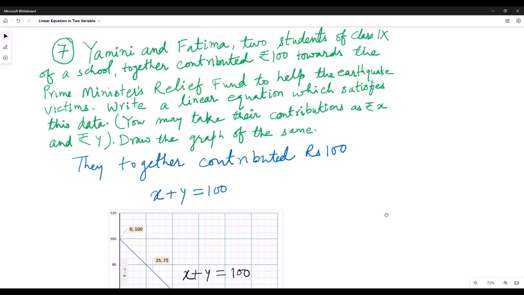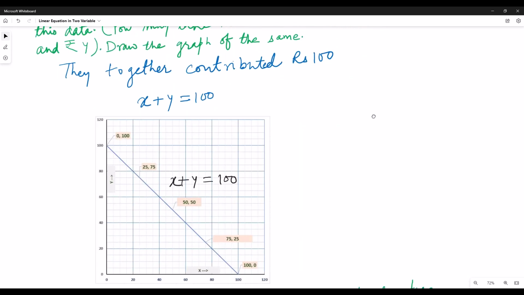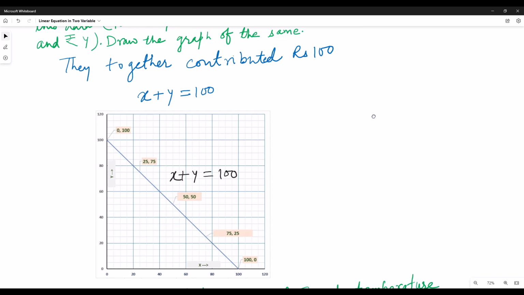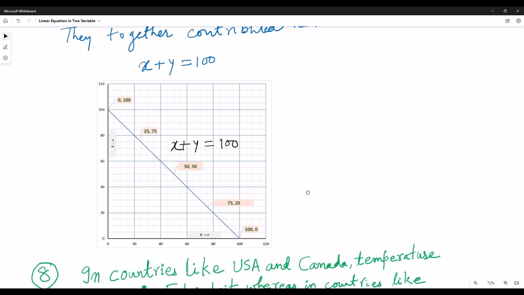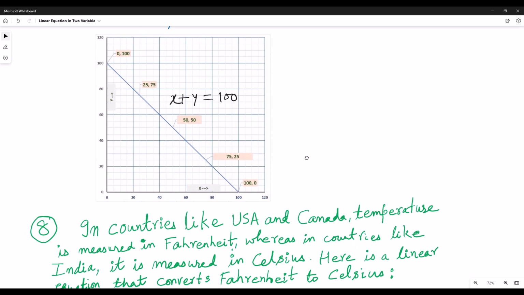This is the linear equation in which it can be expressed. If one of them has contributed 0 rupees, the other has to contribute 100 rupees. If one contributed 25, the other must have contributed 75. Likewise, there are an infinite number of points on this line, each giving a pair of contributions that makes the total contribution 100. That is, x plus y is 100.